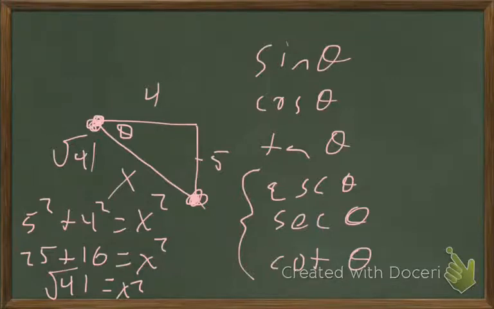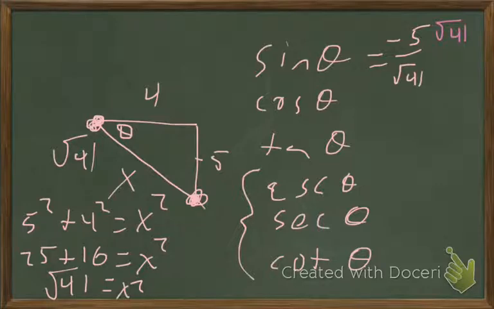So sine theta is opposite over hypotenuse. So this ends up being negative 5 over the square root of 41. Now, we can't have a square root on the bottom, so we have to multiply top and bottom by a square root of 41. So this ends up being negative 5 times the square root of 41.